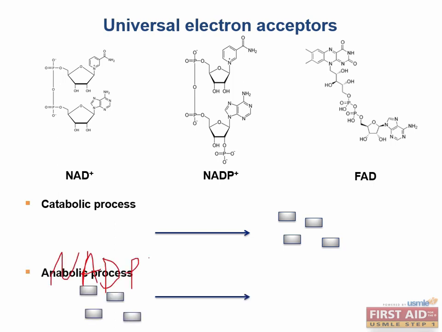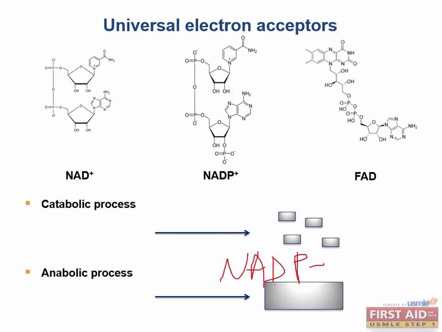NADPH is used in mostly anabolic reactions, such as steroid and fatty acid synthesis. NADPH can be created using the hexose monophosphate shunt, otherwise known as the HMP shunt, which we'll cover soon. It's also used in other places, like during the respiratory burst, to create oxygen radicals to damage bacteria, in the cytochrome P450 system that we'll cover in pharmacology, and by glutathione reductase to reduce glutathione.